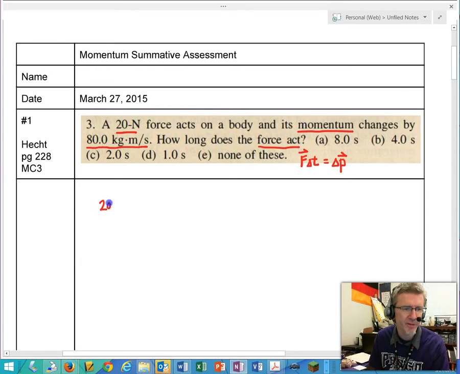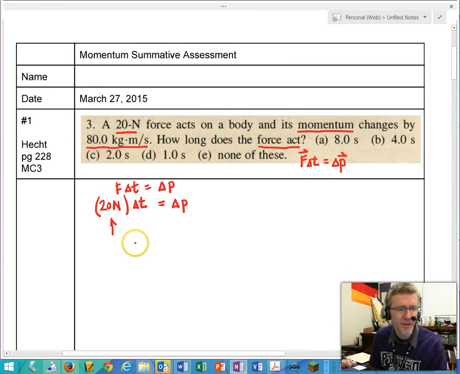So 20 Newton force times a certain length of time equals a change in momentum. We're given the force, 20 newtons, and the change in momentum.